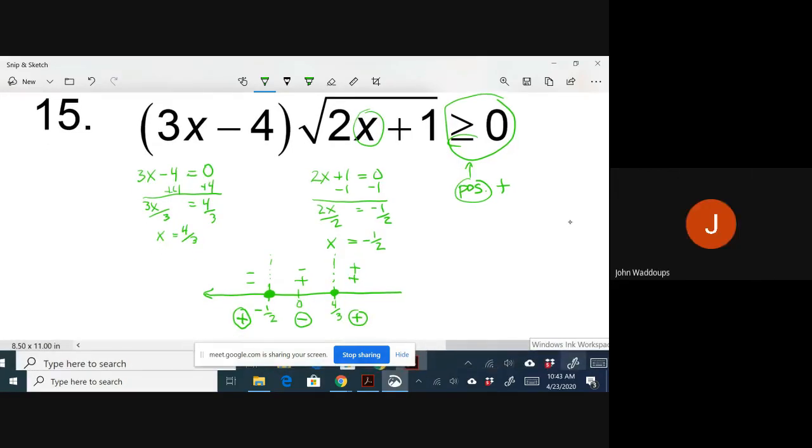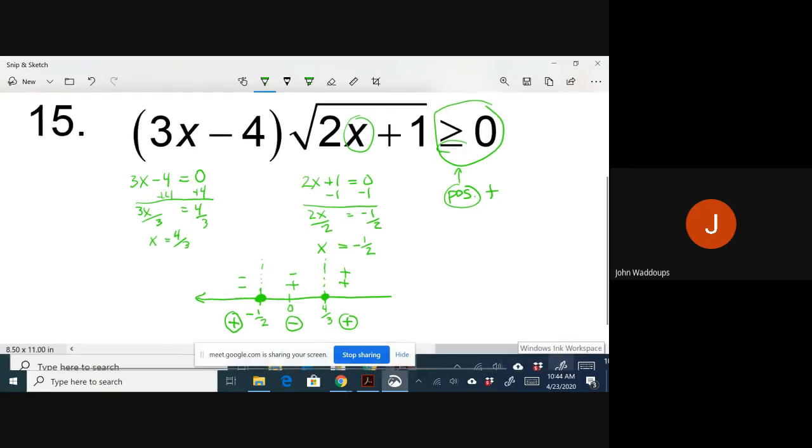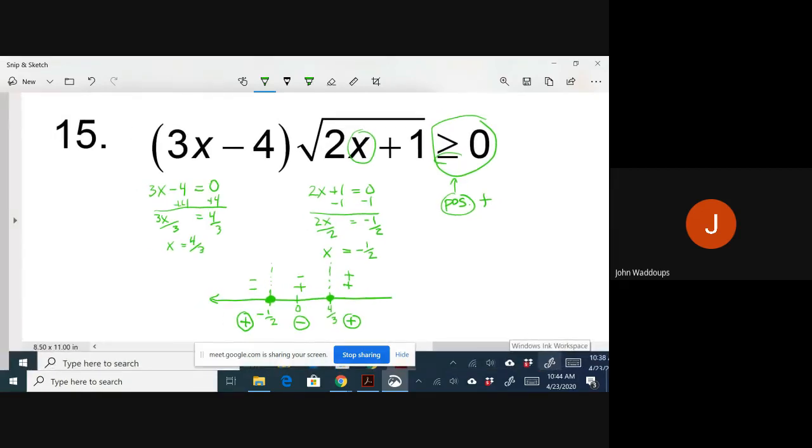But if I choose a number to the left, as our sign chart would indicate here, let's say negative 1 is to the left of negative 1/2.